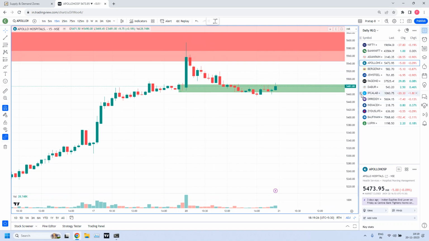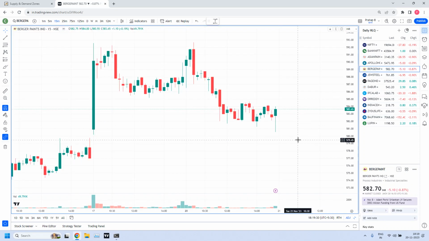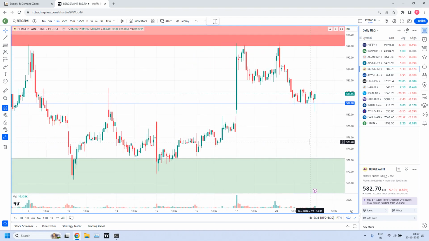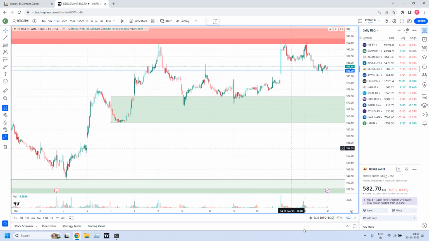And the next one is another successful trade, Burger Paints. Remember, previously we discussed this trade on 9th November.